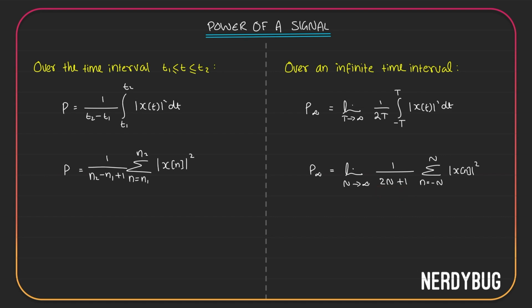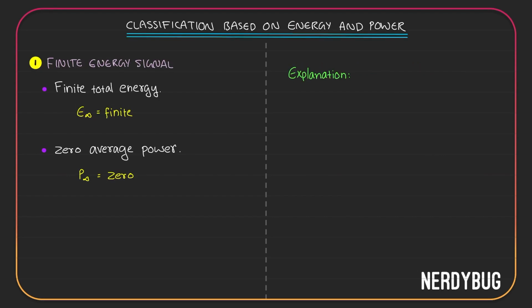Now, depending on the value of energy and power of a signal, we can classify signals into three. A finite energy signal will have finite total energy. Its total energy is going to be a finite value. But for a finite energy signal, its average power is always going to be zero. Let me show how. Let us say E infinity of a particular signal is given by integral minus infinity to infinity mod of x of t square dt.